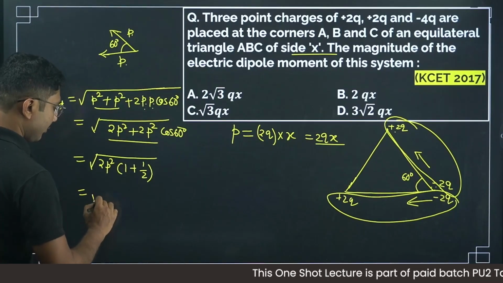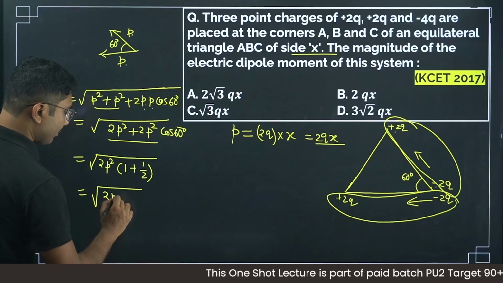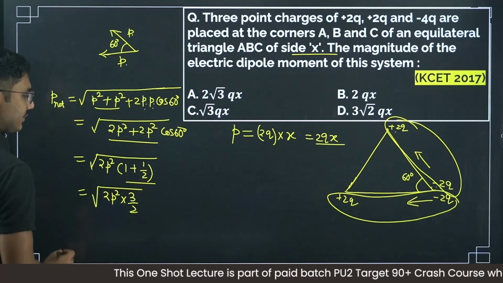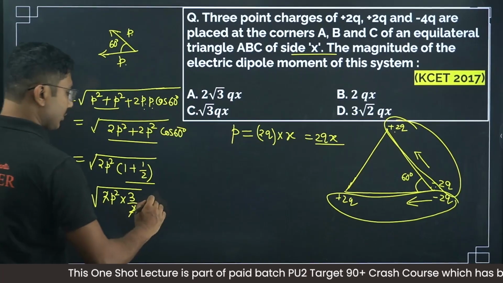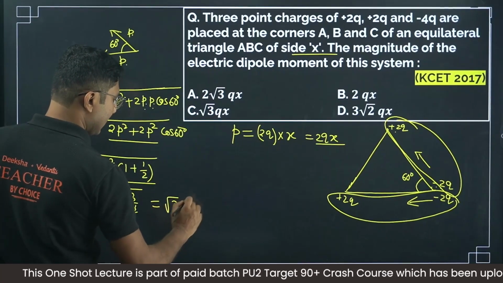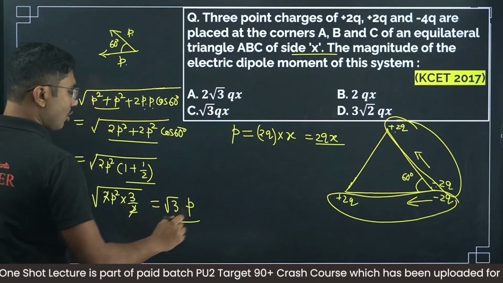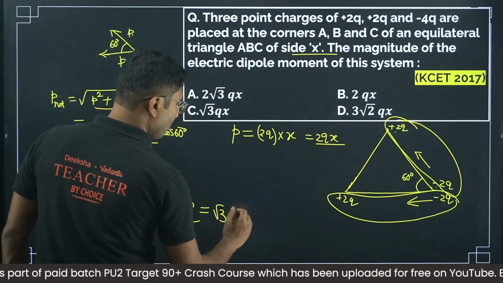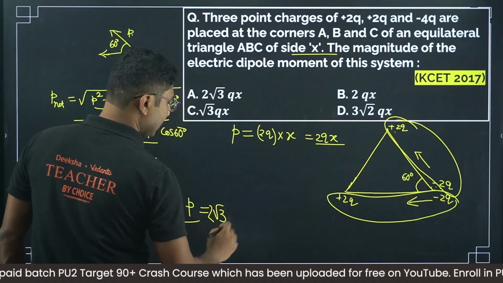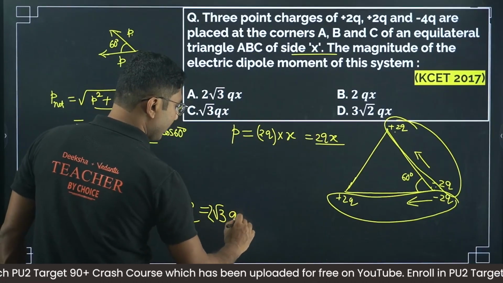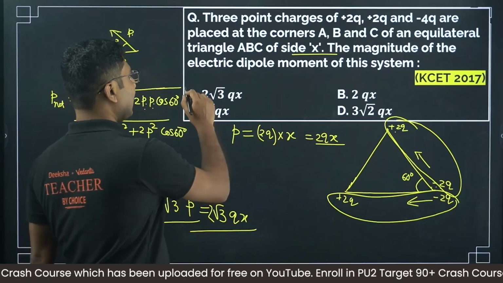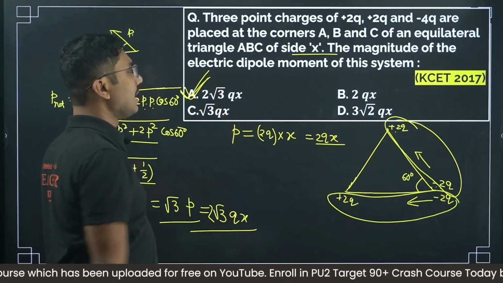So it will be square root of 2p square into 3 by 2, since 1 plus half is 3 by 2. This 2 cancels, so you can write this as root 3 into p, or root 3 into 2qx. This 2 is constant, so I am writing 2 first, into q into x. So 2 root 3 qx is the correct answer. Option A is the correct answer.